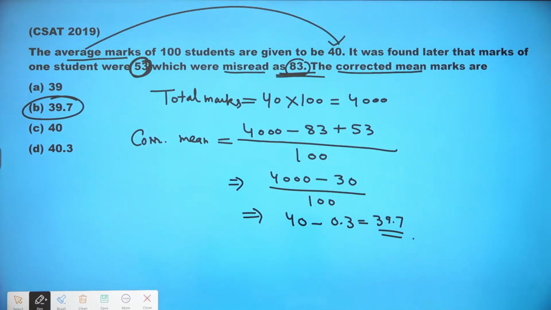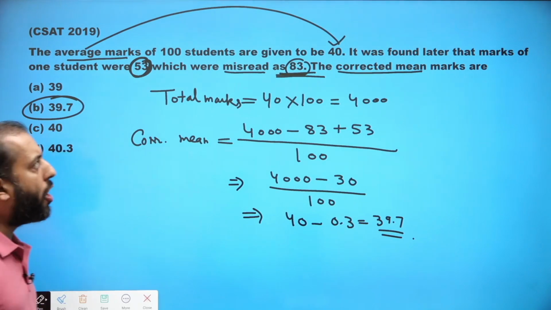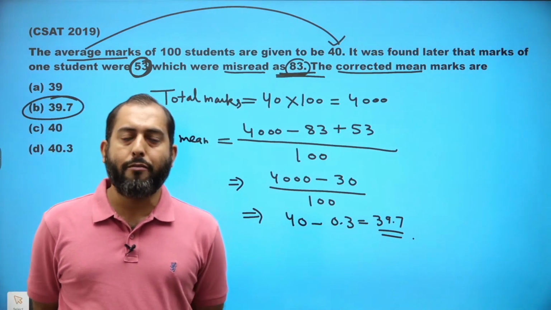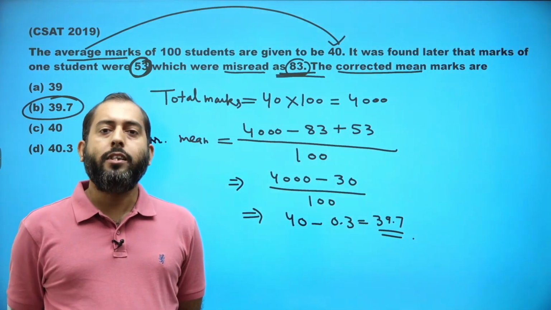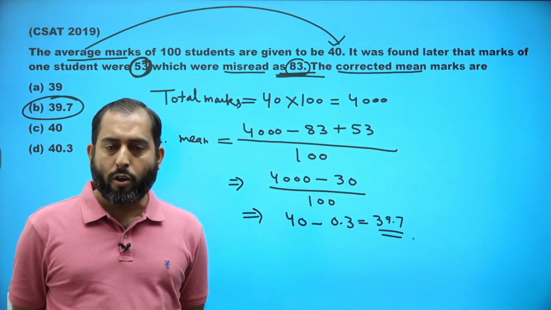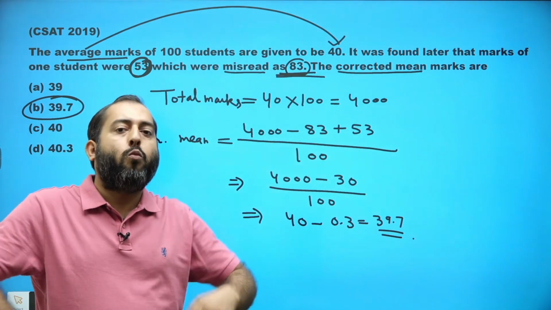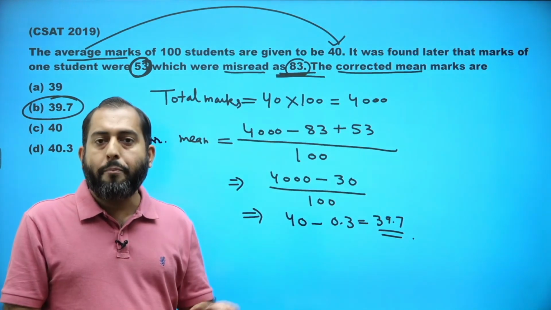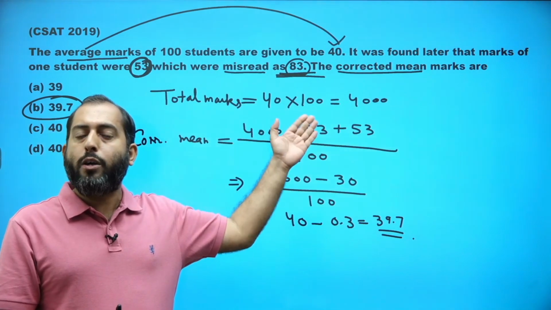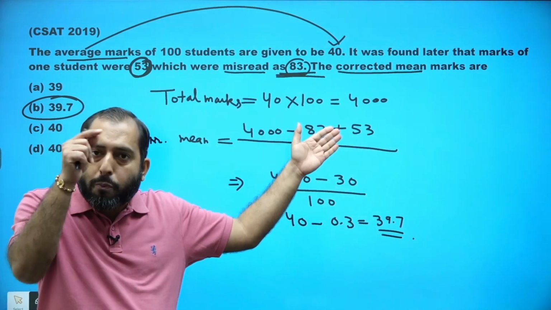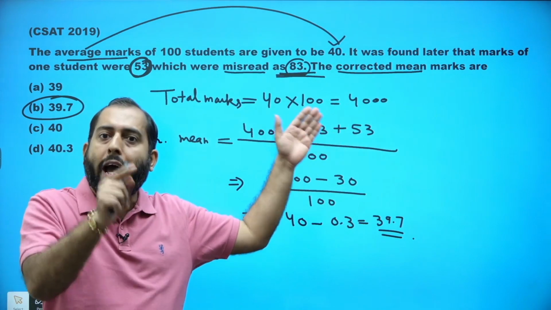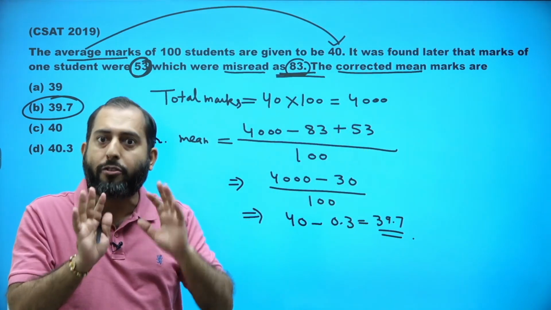Okay. Now there is a shortcut. There is one more way of dealing with this question. Guys, in this question replacement is going on. Now what do we mean by replacement? In this question 83 was the wrong value, and in the place of 83 we should have inserted 53.